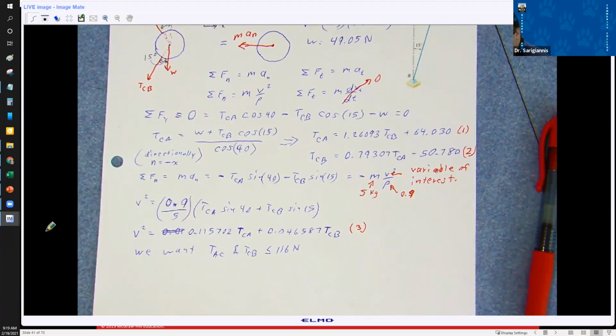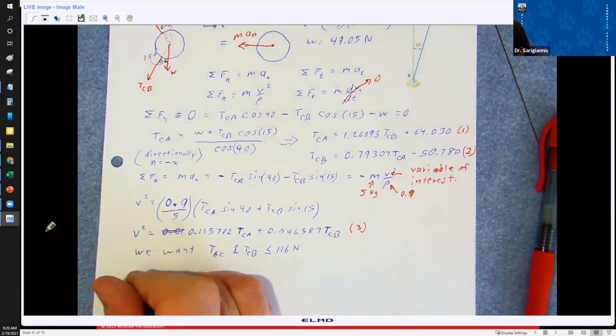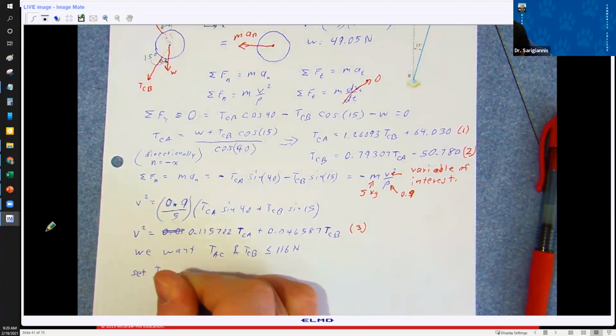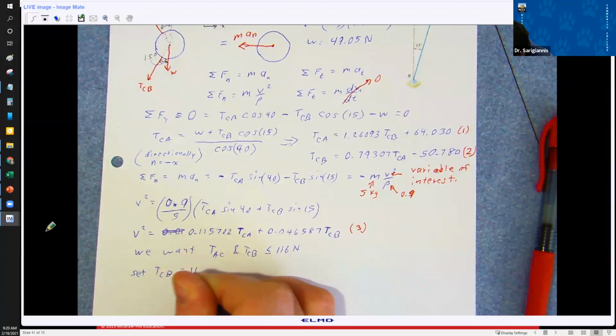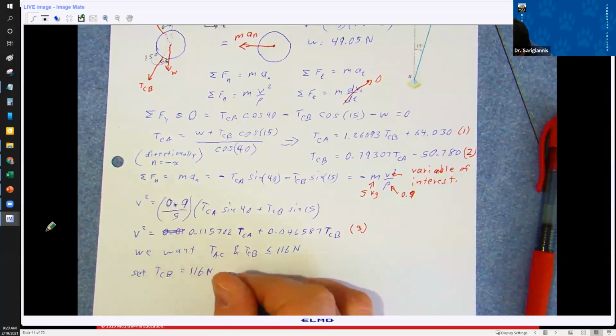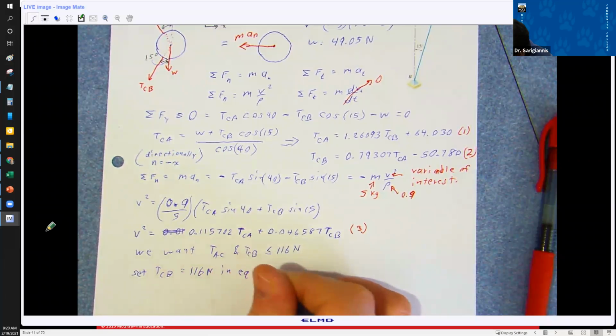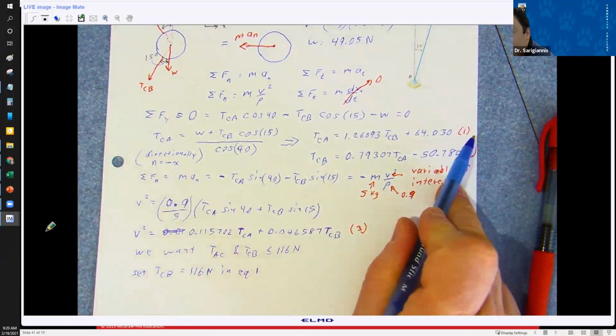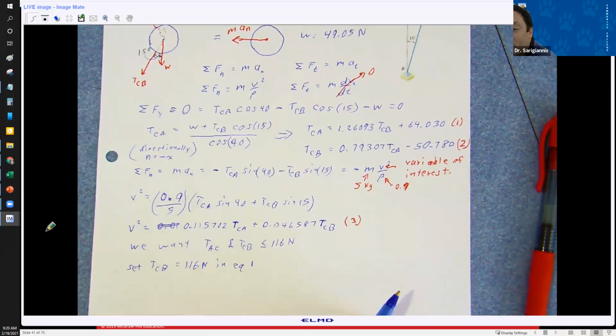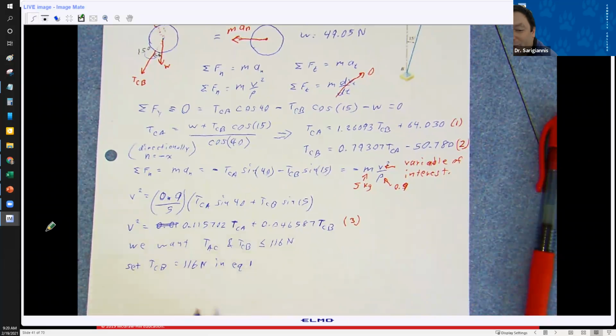So I'm going to say, okay, I'm going to take, let's set TCB equal to 116 newtons in equation 1, right? So again, I'm not simultaneously solving these things. I've just numbered them to reference them here.